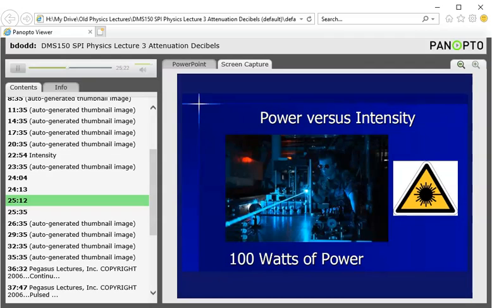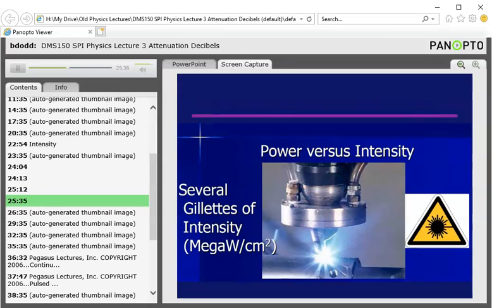Now then, is this enough energy to light up a football stadium? No, but we've increased the intensity by reducing the area to the point where 100 watts of power can actually cut through steel. It's still light, but we've focused it down to one point.